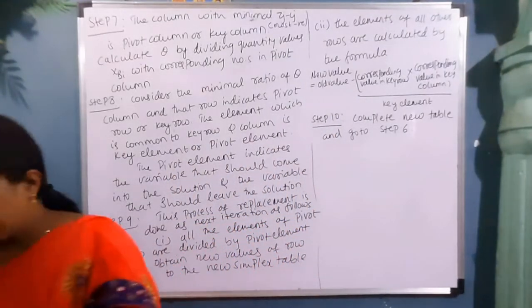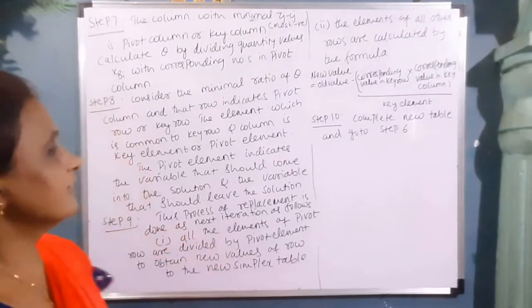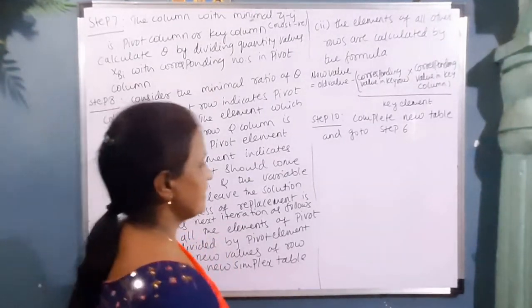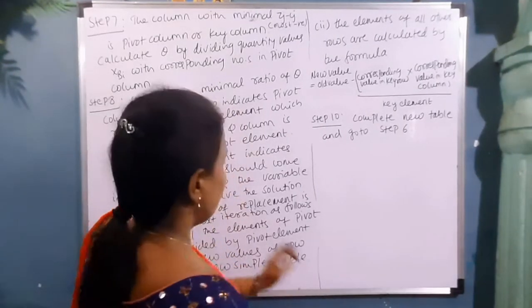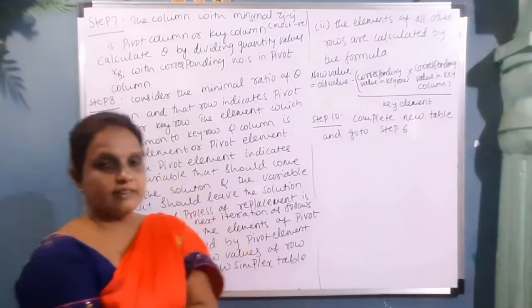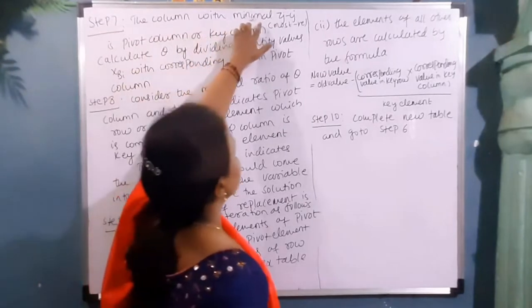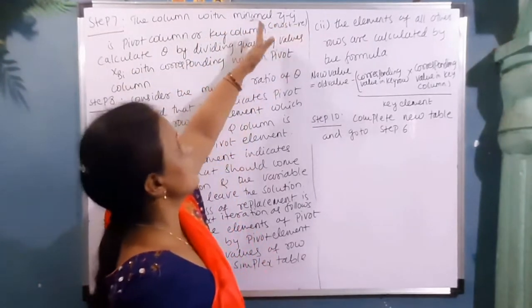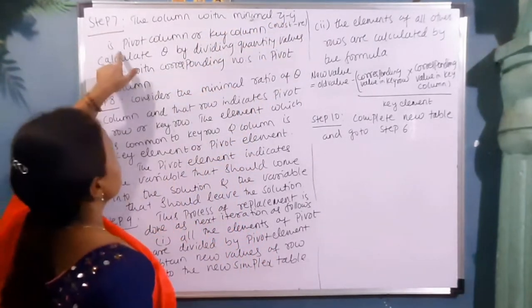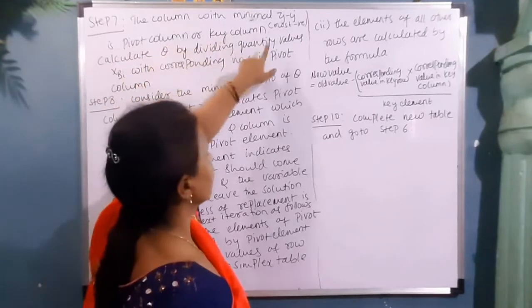Now see here. So till now we have seen finding Zj minus Cj. After finding Zj minus Cj, step 7 is: the column with minimal Zj minus Cj, or the most negative value, is the pivot column or key column.